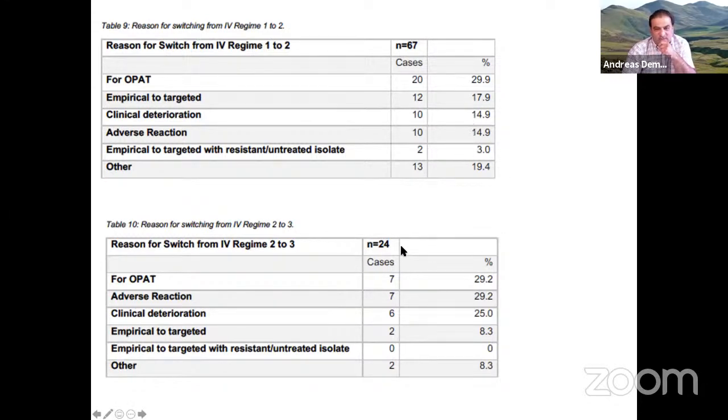And then 24 patients had to change from the second to the third antibiotic regime, again, for a variety of reasons. A third because they wanted to change to an oral system, a third because of adverse reactions, and a quarter for clinical deterioration.